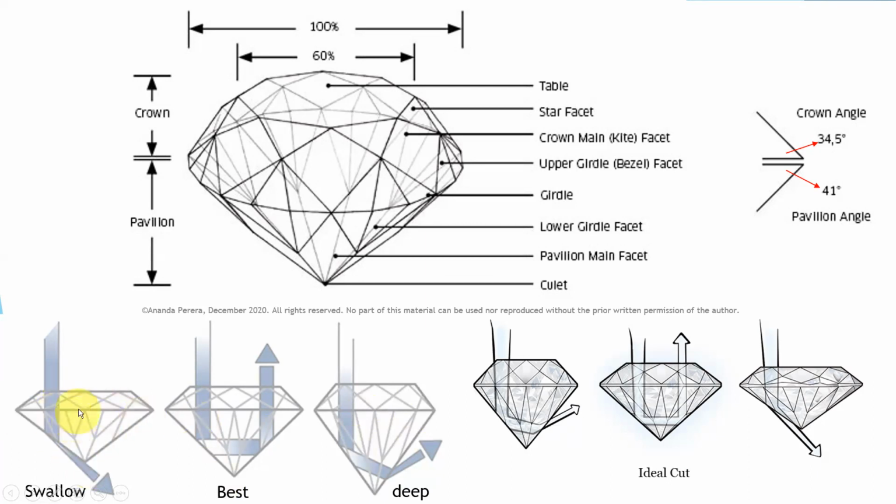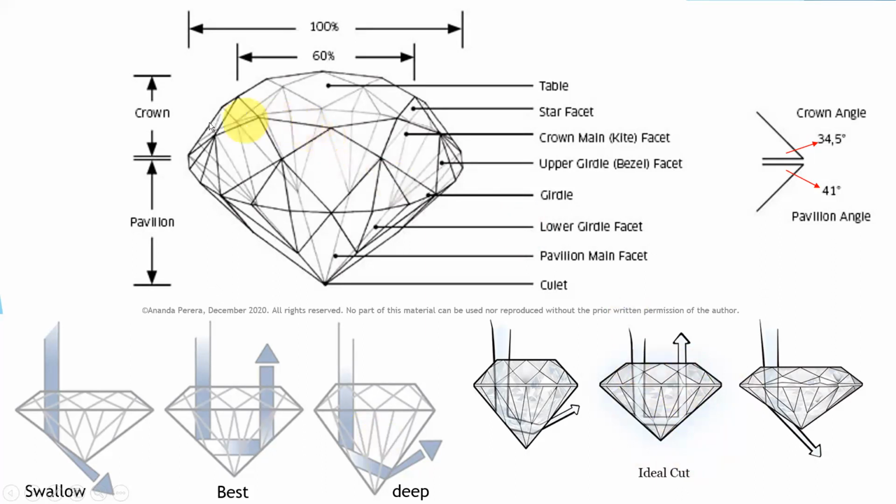Height must be 60% of the width, not the length. This is the problem, so we have to resize this. Then it will give a small stone. This is deep. This is the best one. Look at here. So it is called ideal cut.